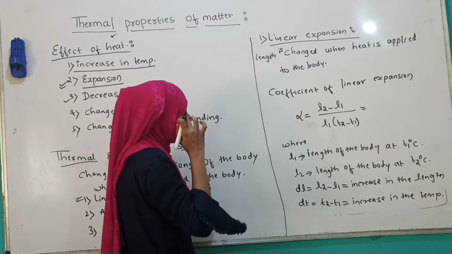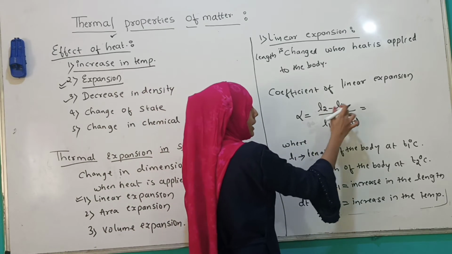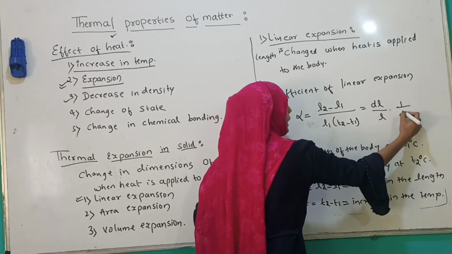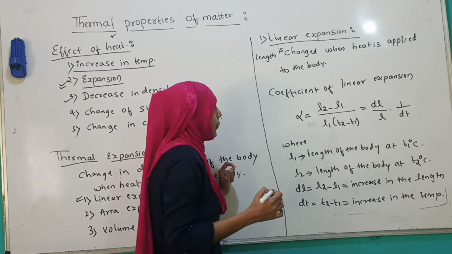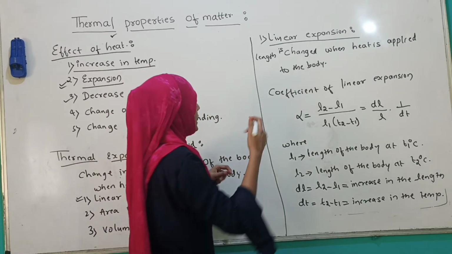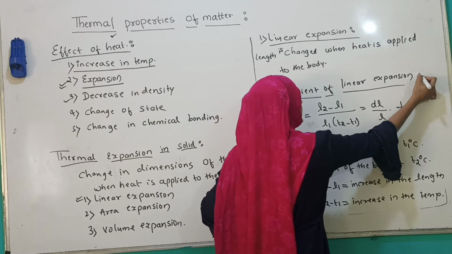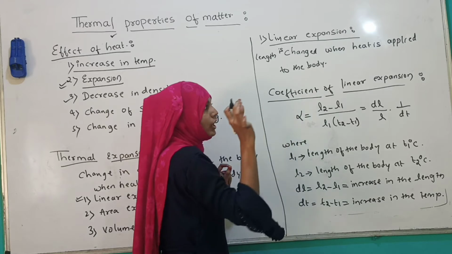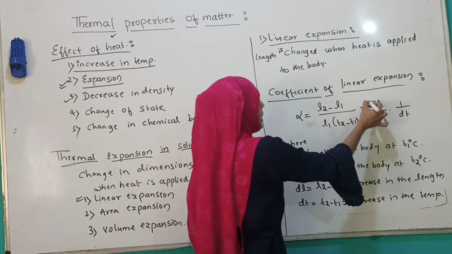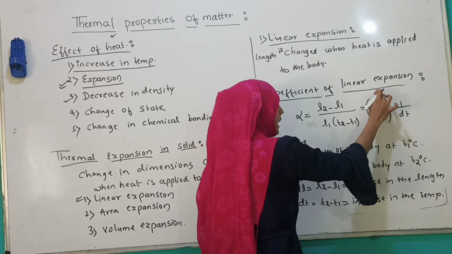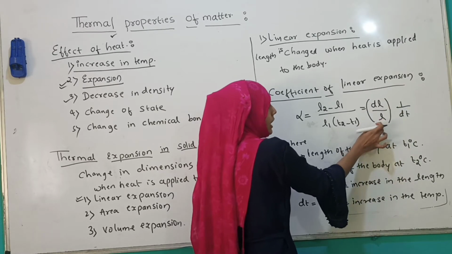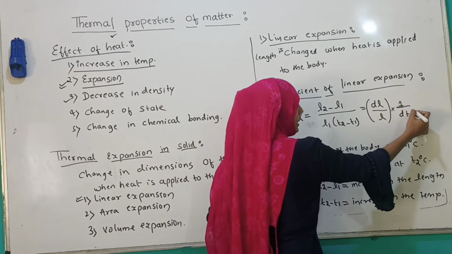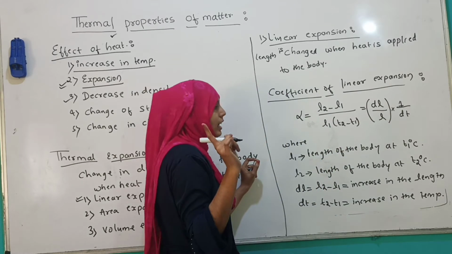Increase in the temperature. We can write L2 minus L1 as dl divided by L into 1 by dt. Now, how can we define this coefficient of linear expansion? See, the coefficient of linear expansion is the fractional change in the length, that is dl by L, per unit degree increase in temperature.